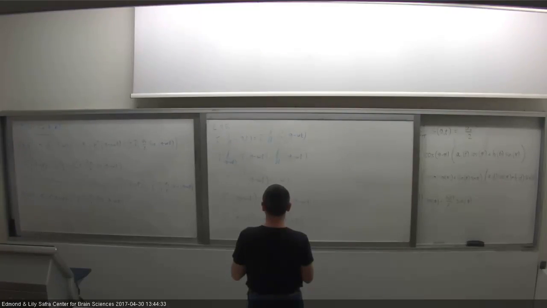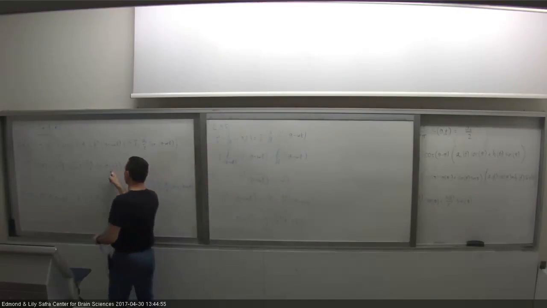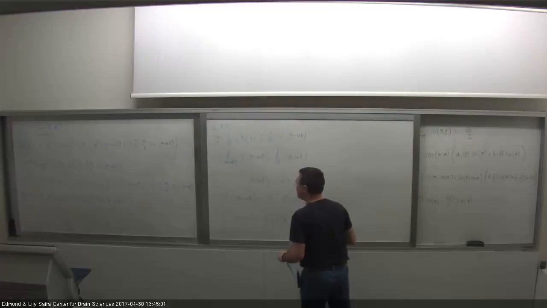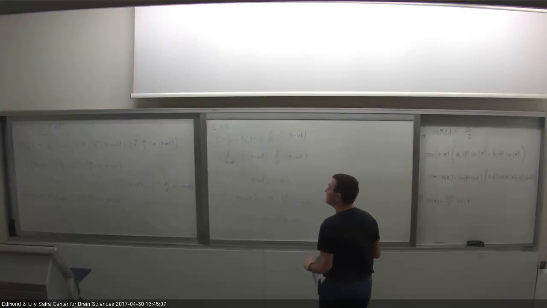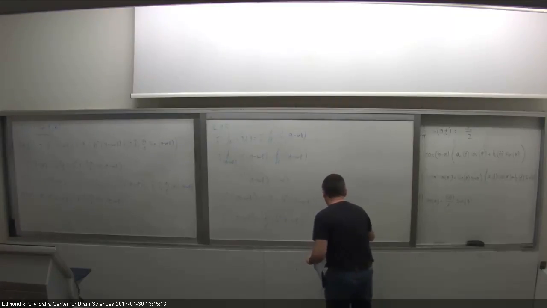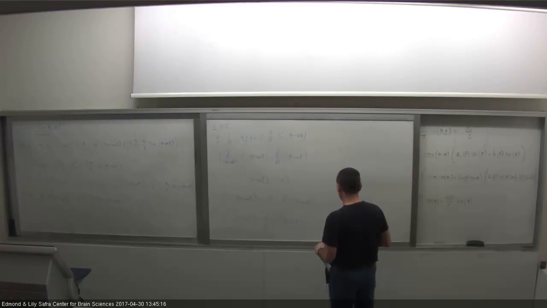The derivative of... Yeah, we need to add the derivative of h0 with respect to theta minus wt, which will give me times minus j1 a1 over 2 sine of theta minus wt.